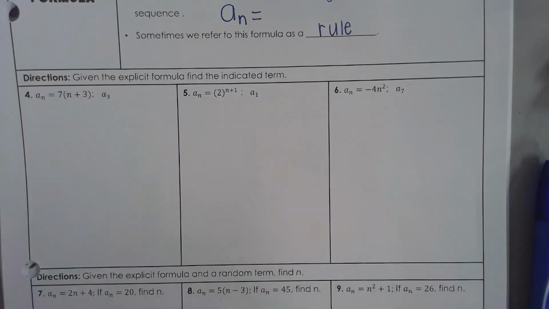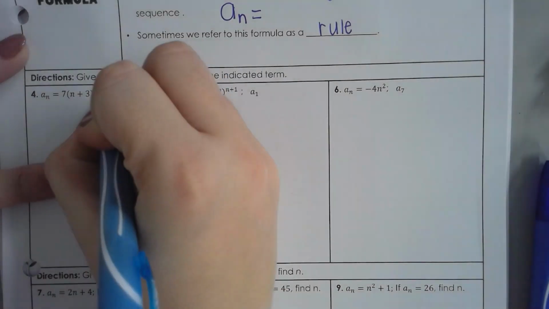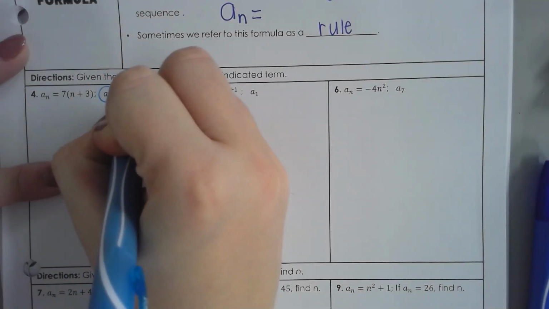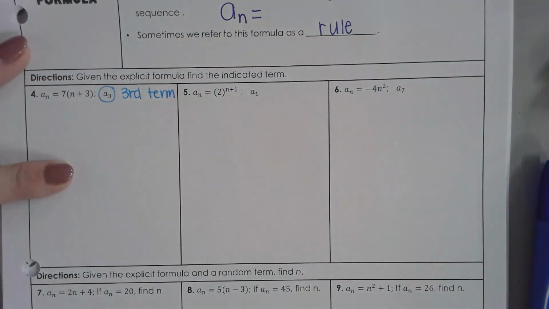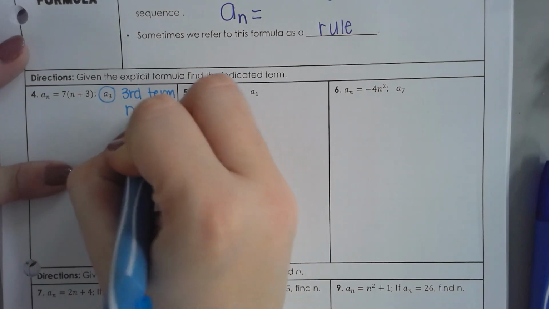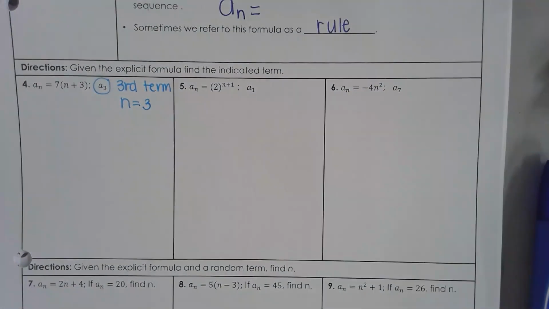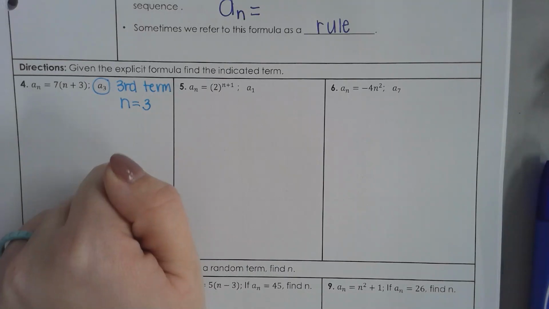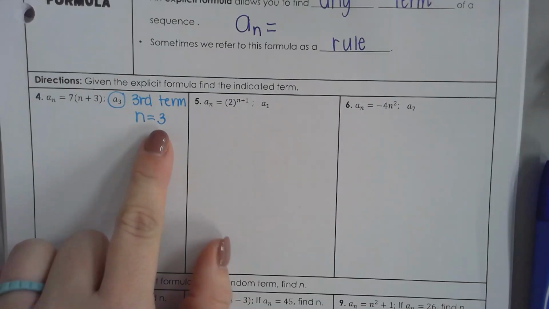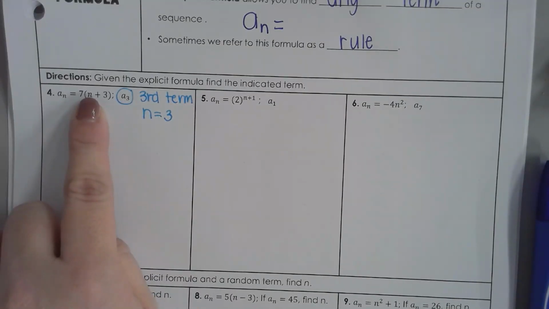I'm asking you to find A3. That's the third term. Your n is 3. So I want to know what is the third number in the list that corresponds with this pattern. And all we're going to do is put a 3 in the n spot.